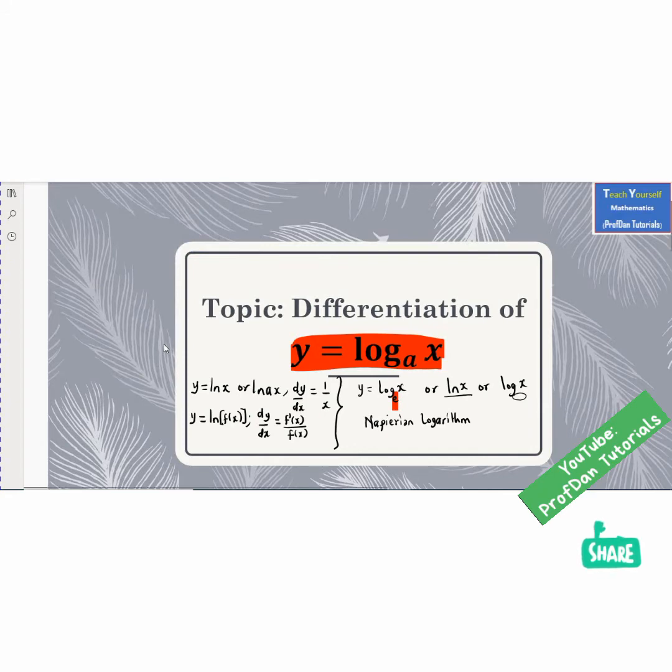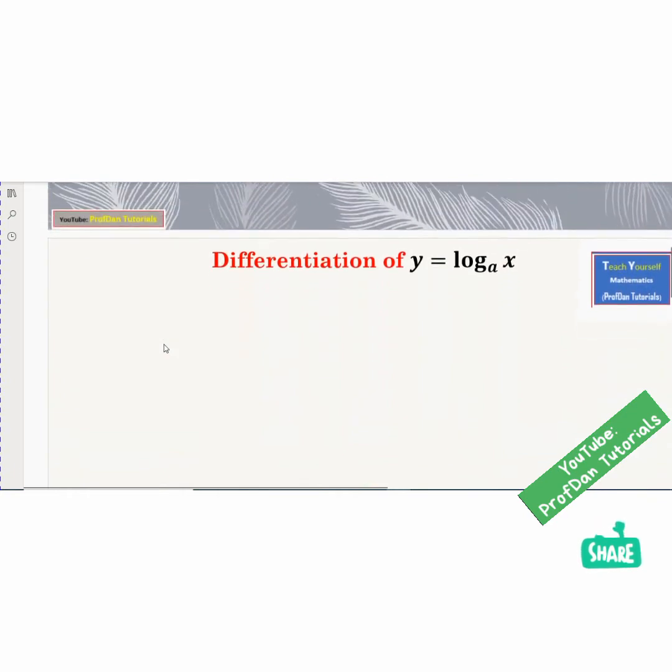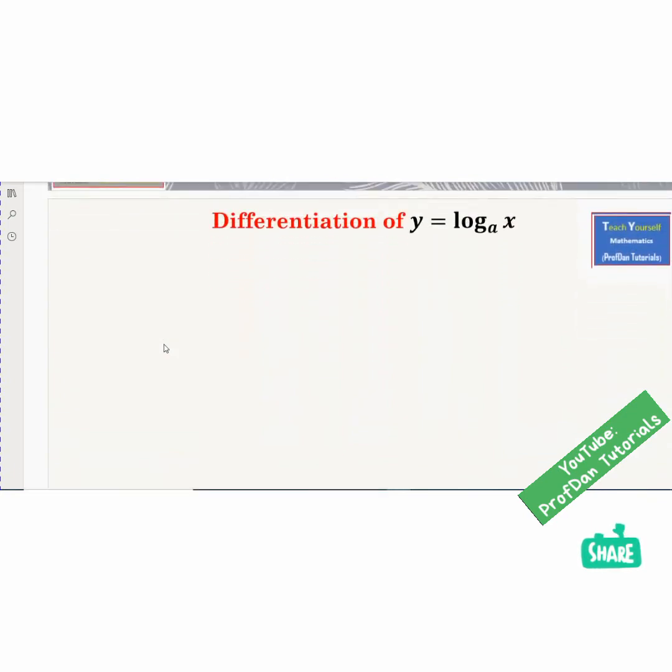But our focus today is, what if the base is given as a number? For example, this base a. So this is what we're going to be looking at today. Quickly, let's say we have something like log x base a, for example.